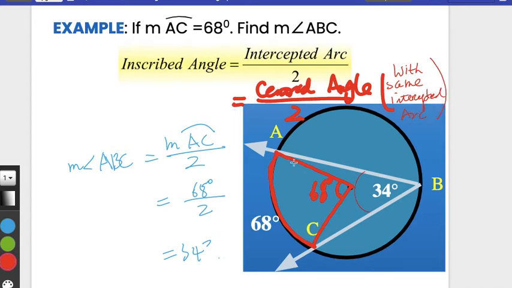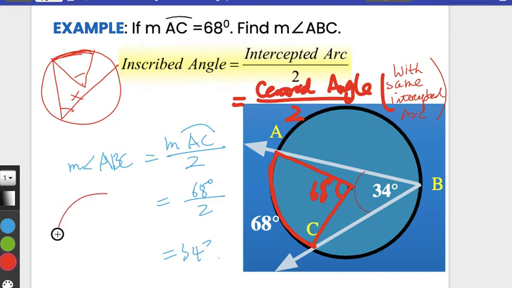If I'm looking at this piece and you're looking at this piece, then they have no relation at all, because the intercepted arc for this central angle is this piece, but you are looking at a different intercepted arc. So the half relation only happens when I'm looking at the very same intercepted arc.